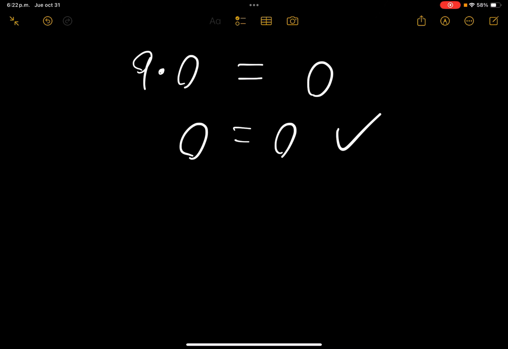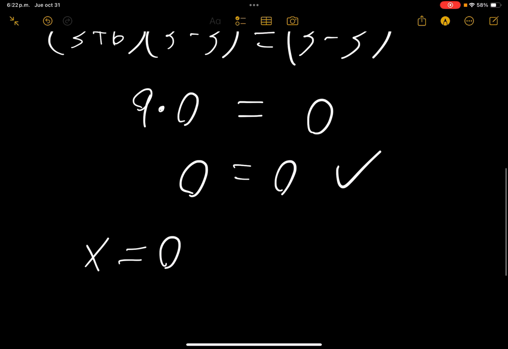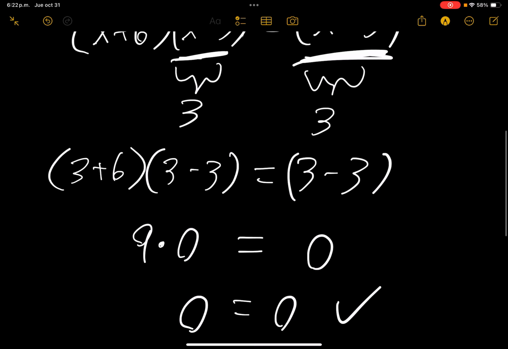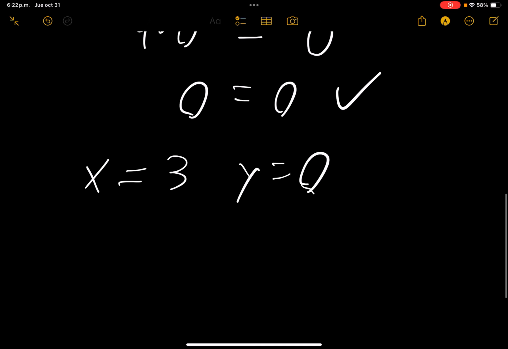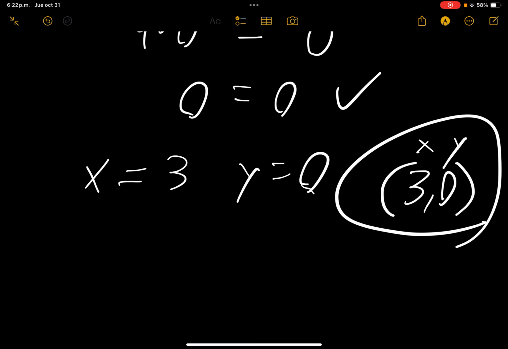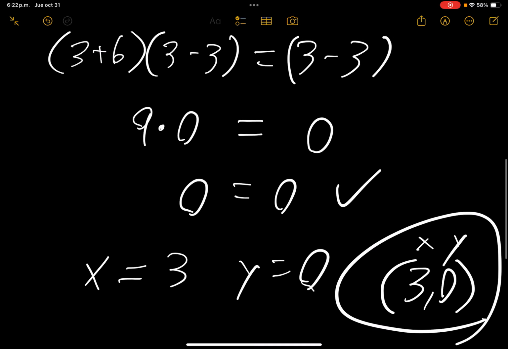So, at x equals... not x equals 0, what did we plug in? We plugged in 3. So at x equals 3, y equals 0. So we're going to select the option that says (3, 0), because that's the x position and the y position. All right? Now, we're not done yet.